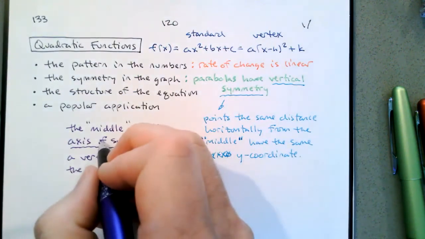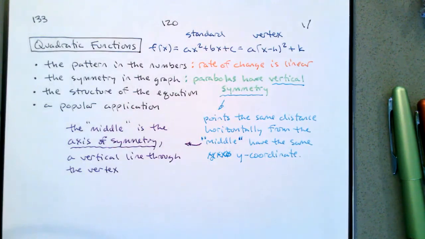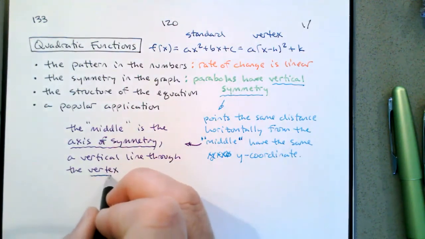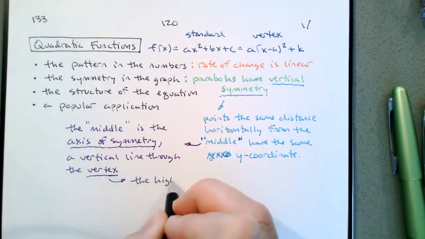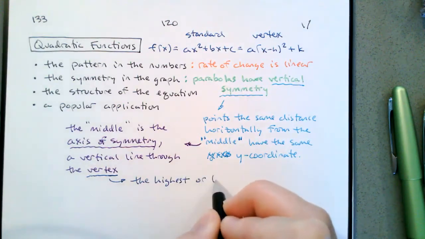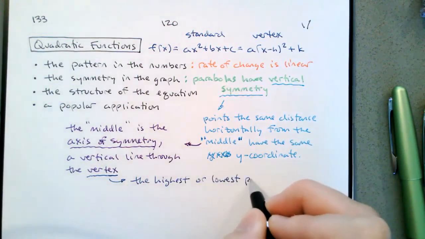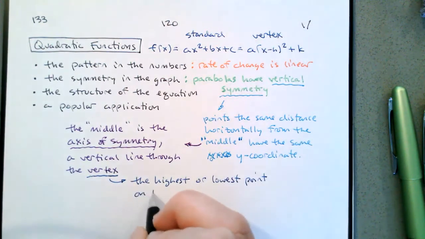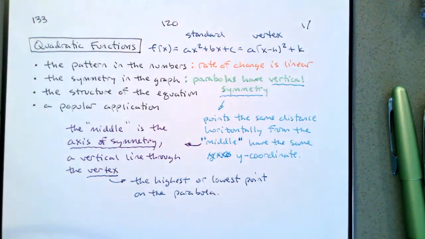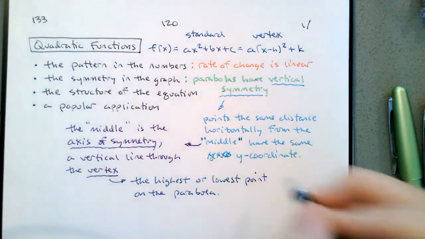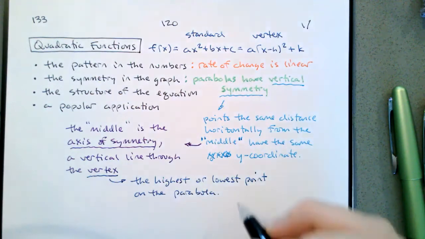So the middle of the graph is the axis of symmetry, which is a vertical line through the vertex, and the vertex is the highest or lowest point on the graph. The vertex is the highest or the lowest point on the parabola, the point where the parabola turns.